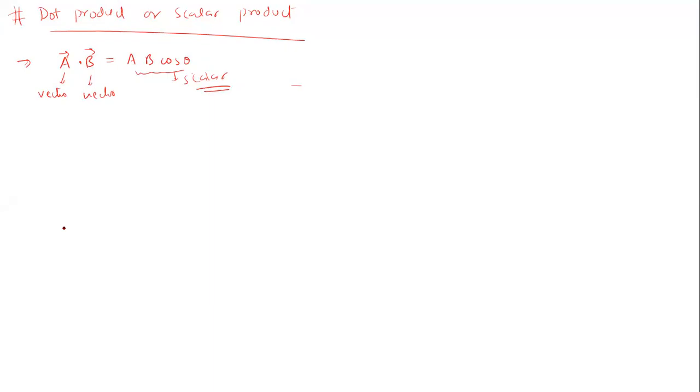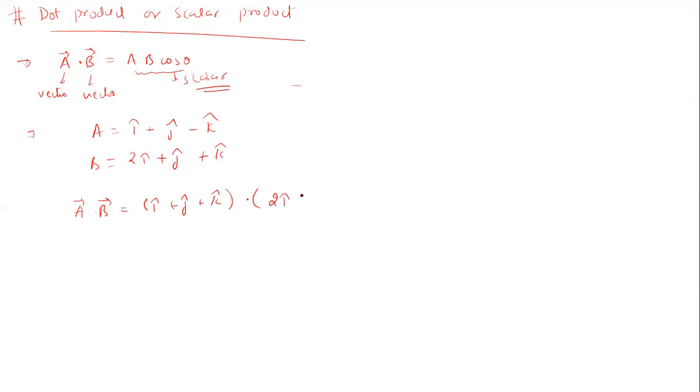Okay, fine. So we can do one example here. If vector a is i cap plus j cap minus k cap, and vector b is 2i cap plus j cap plus k cap, now we have to find a dot b. So a dot b is i cap plus j cap minus k cap dot 2i cap plus j cap plus k cap.